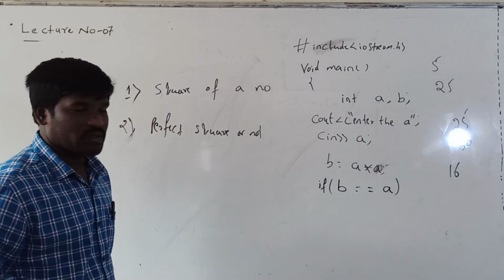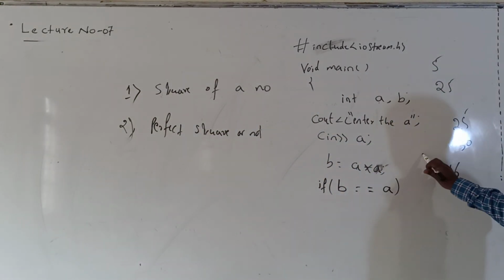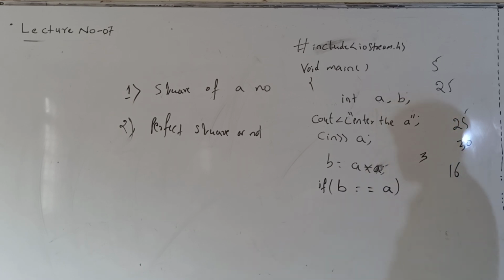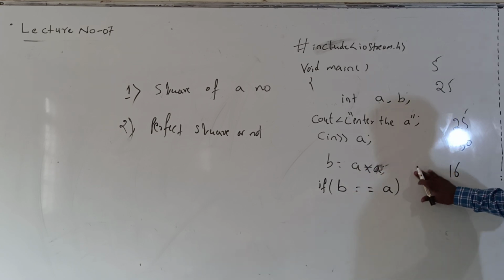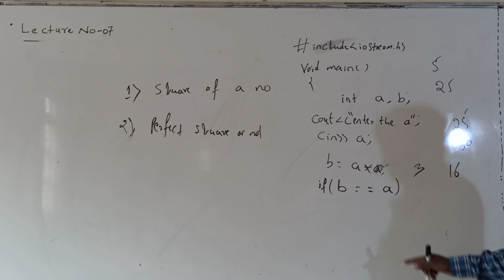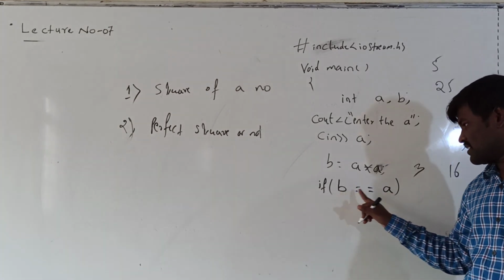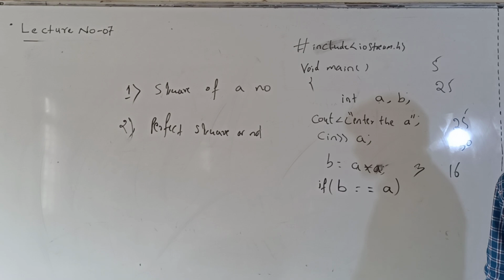Suppose I give the input value as 3, you will get 9. 3 into 3 is 9, and 9 is stored in b. Here b and a are compared, and the condition is false.